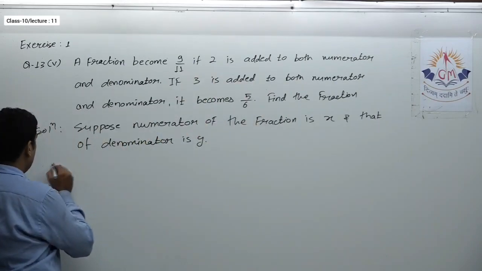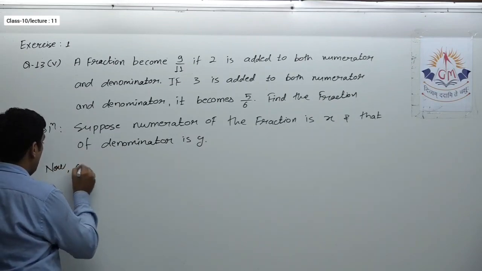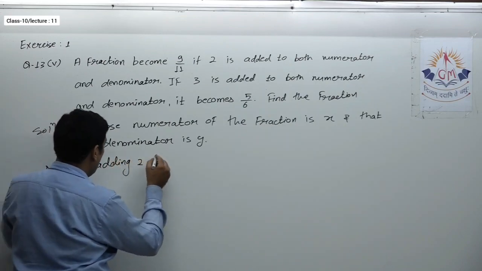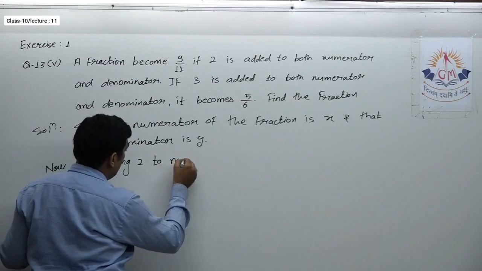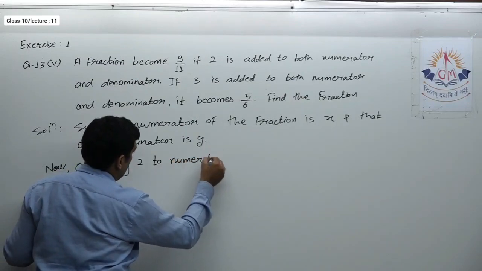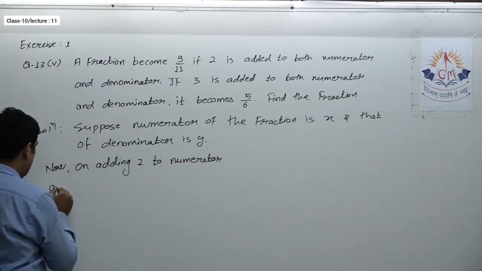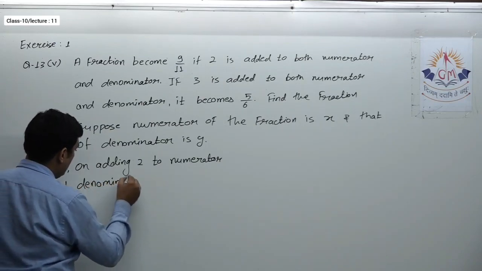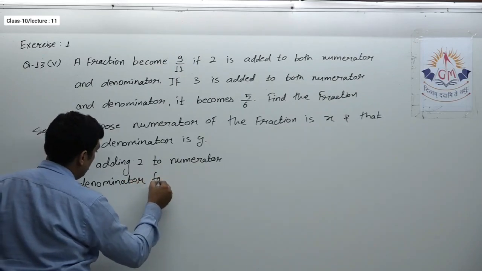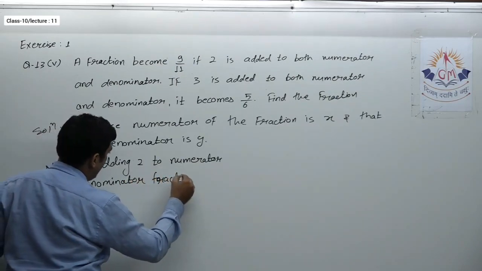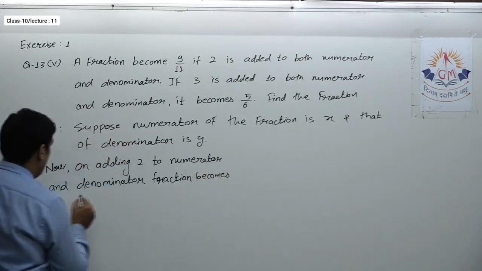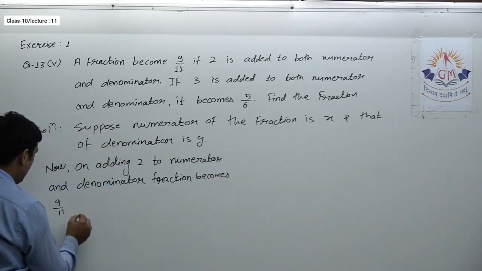So now on adding 2 to numerator and denominator, fraction becomes 9 by 11.